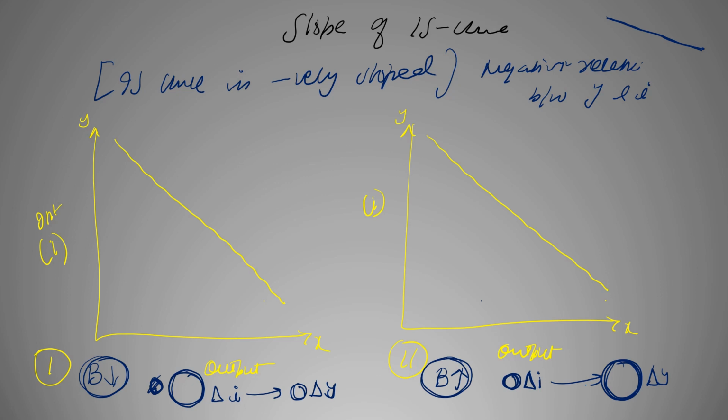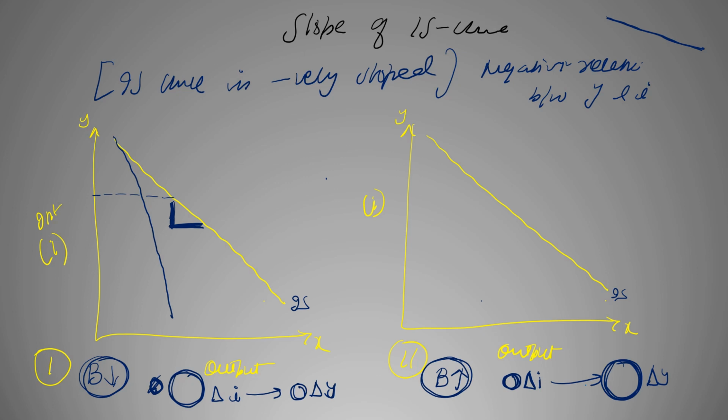Okay, now when your B is low, which means your change in I is more than change in Y, it will make the graph steeper. Now see how. This is a steeper curve when compared to this IS, right? Now see what it has done. Earlier, this much change in interest was leading to this much change in your investment or output, basically.